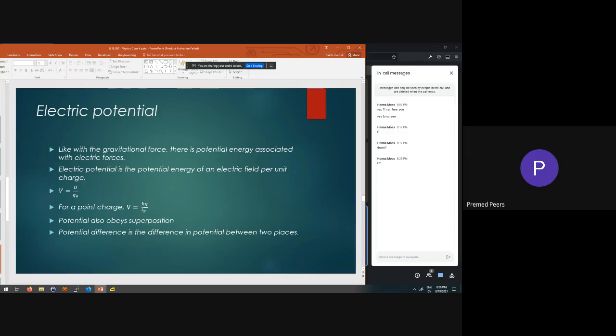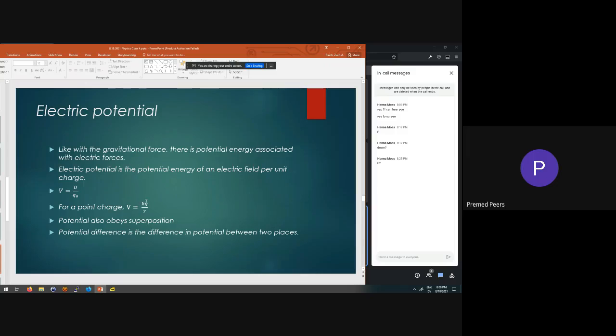And then for what you'd be asked on the MCAT, if you were not given the charge distribution, it would just be a point charge. The formula is KQ over R. Notice that looks extremely similar to the field, which was KQ over R squared. If you know any calculus, that's a consequence of the fact that, and this is not MCAT material, what we're doing here is integrating the field over a line.